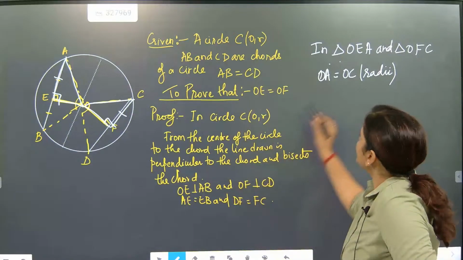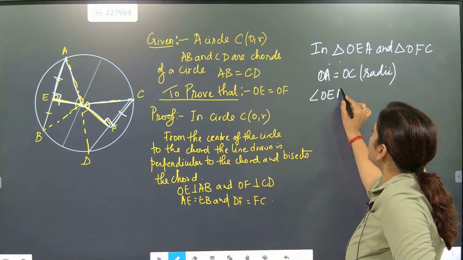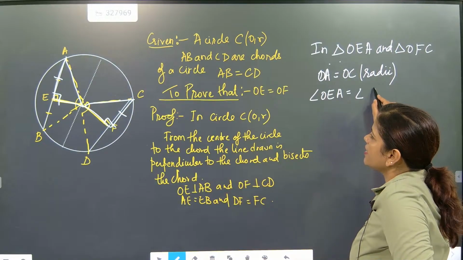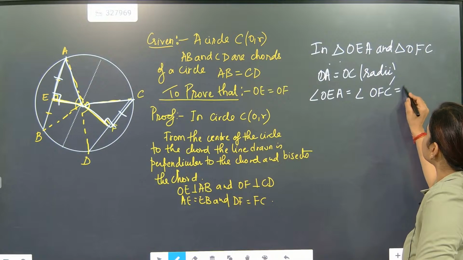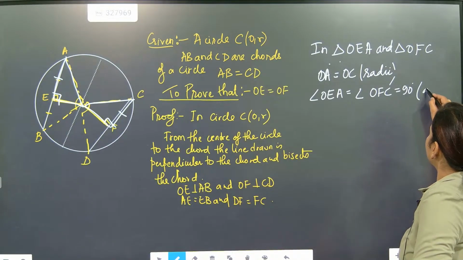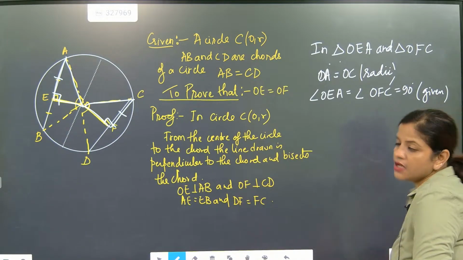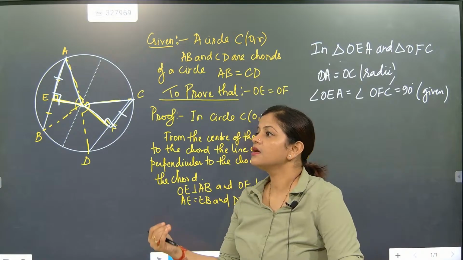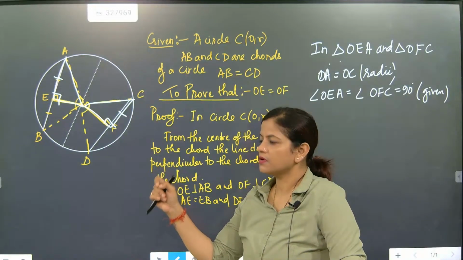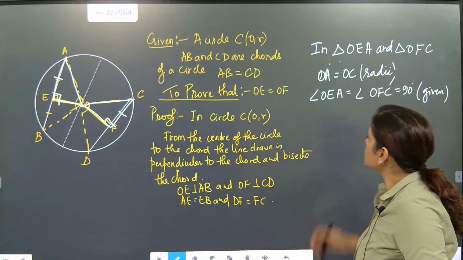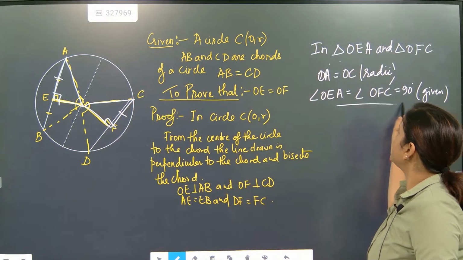And angle OEA is equal to angle OFC. What is that? Equal to 90 degree. It is given already, as they are perpendicular bisectors. So this is 90 degree and this is also there.